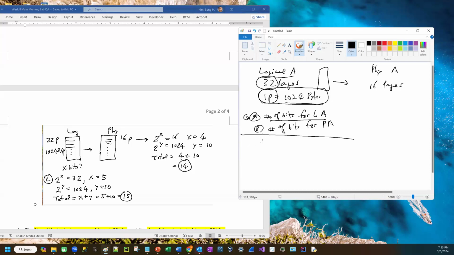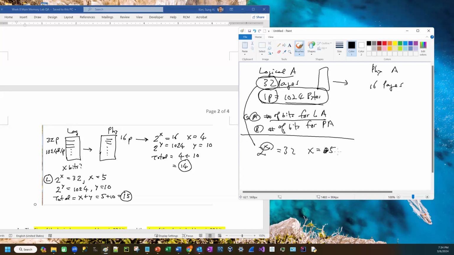So to do that, we need 32 pages. Okay? So for the pages, 2 to the x would give you 32. This is the number of bits we need for the pages. Okay, so that'll be x is equal to 5, right?